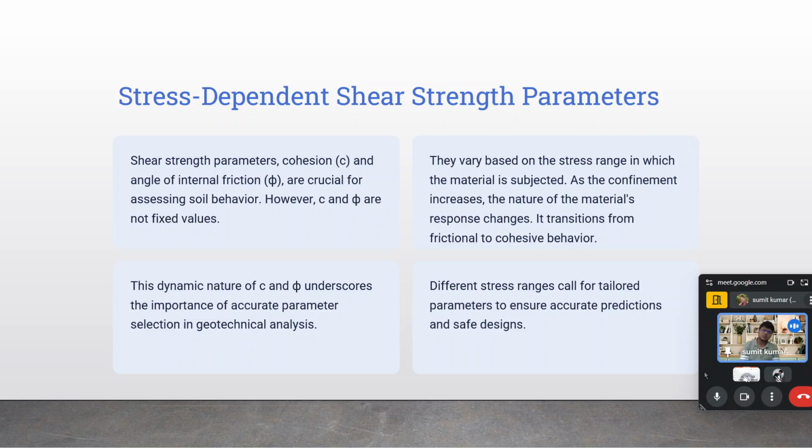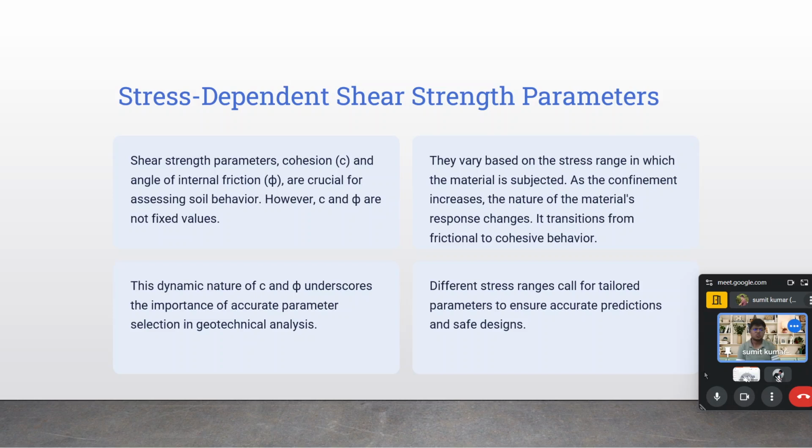When we talk about the dynamic nature of C and phi, it underscores the importance of accurate parameter selection in the geotechnical analysis. They vary based on the stress range in which the material is subjected.